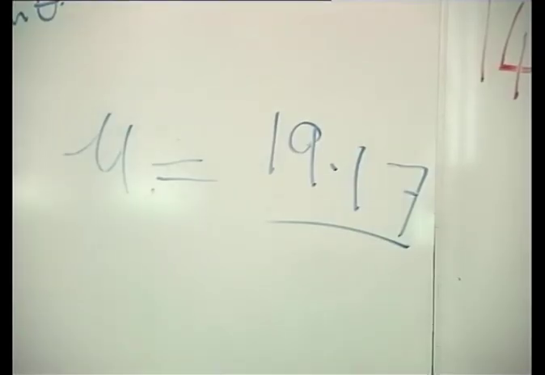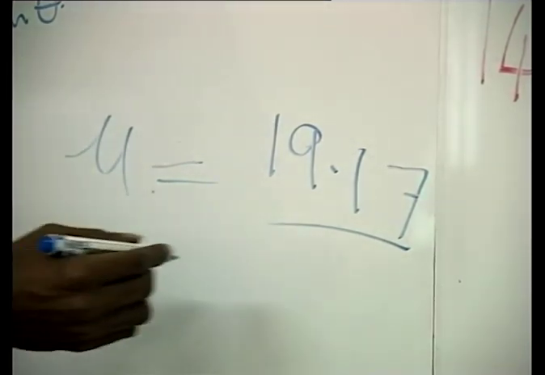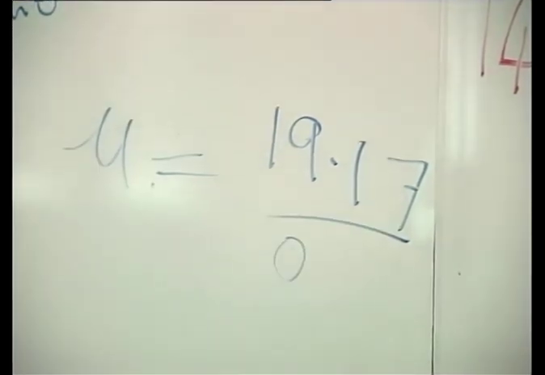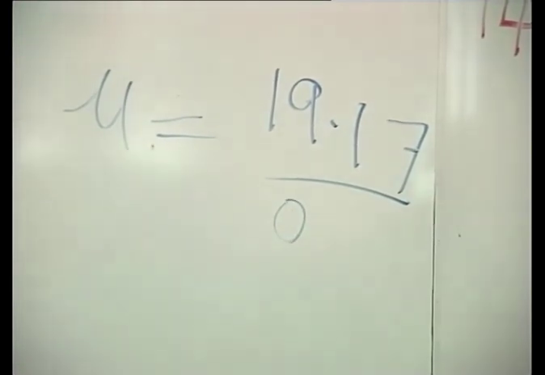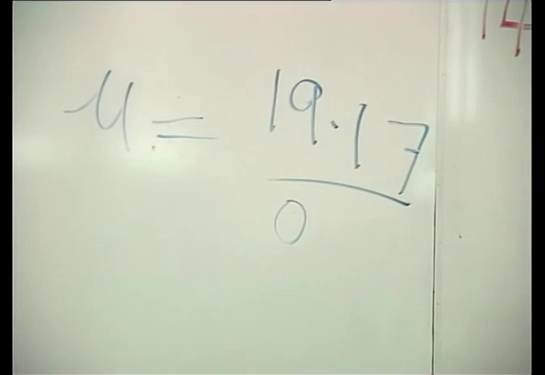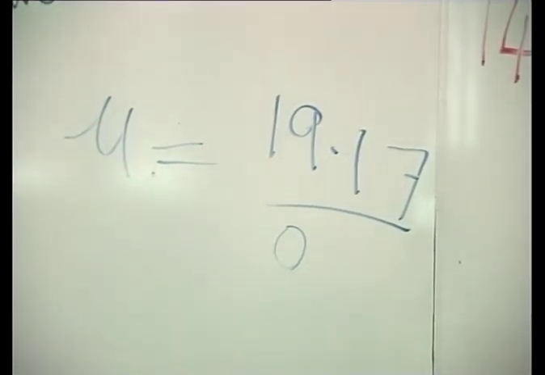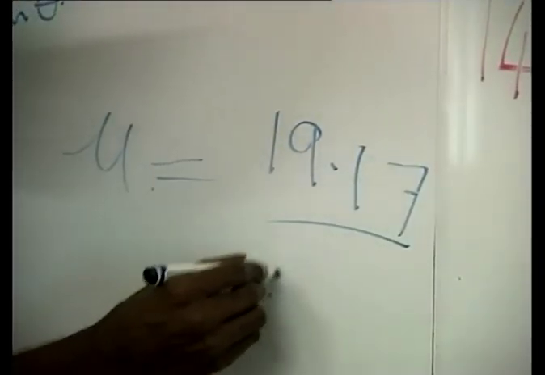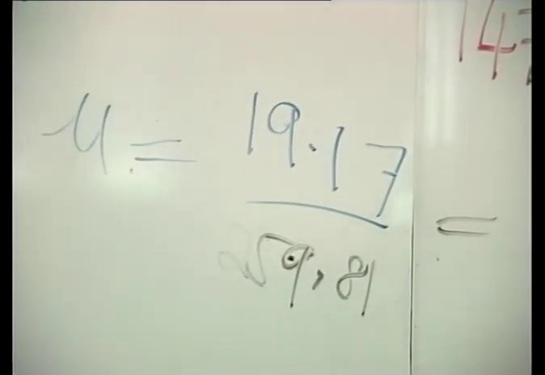What is cosine of 30 times 300? 59.81. All right, that will give you the coefficient of static friction at this point.